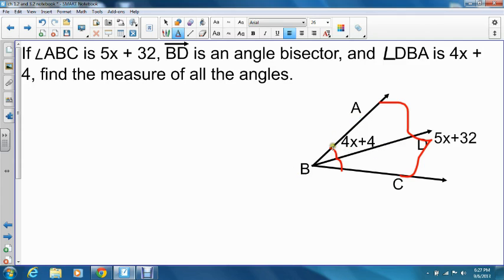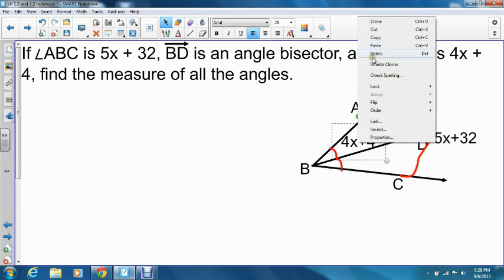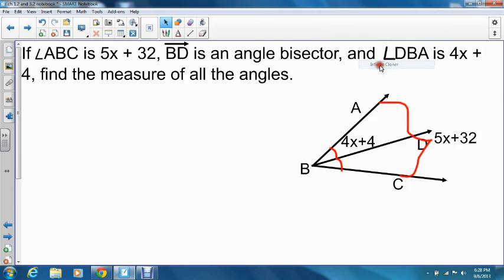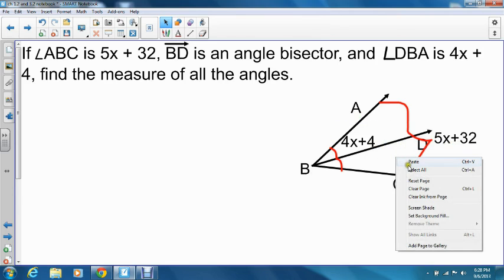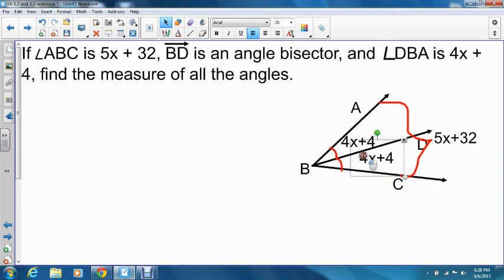Well, if these two angles are congruent, that means that angle DBC is also 4x plus 4. So we know that both angles are 4x plus 4.